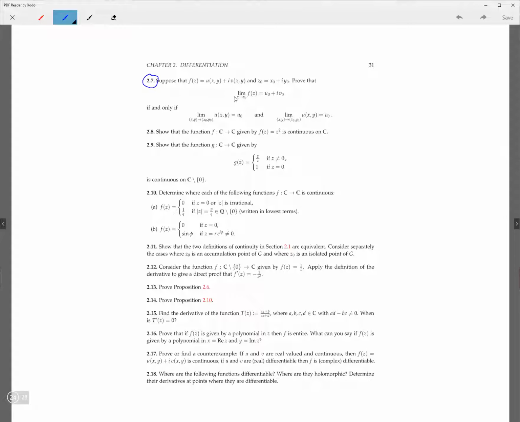So if and only if. So there's this statement, so basically there's these two statements, and then there is this statement. And if and only if means kind of a double arrow like that.